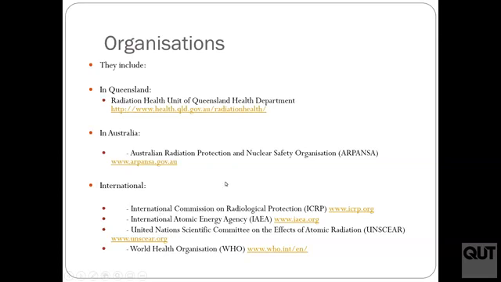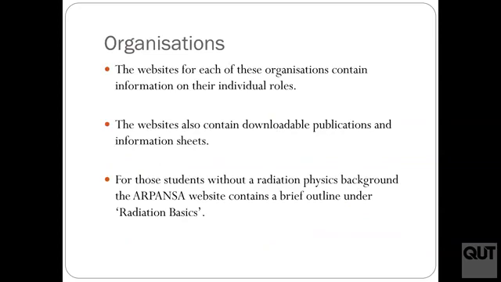Internationally, the Australian regulations come from international recommendations. These are the International Commission on Radiological Protection, ICRP, the International Atomic Energy Agency, the United Nations Scientific Committee on the Effects of Atomic Radiation, and also the World Health Organization. You can find information on the websites of those places.